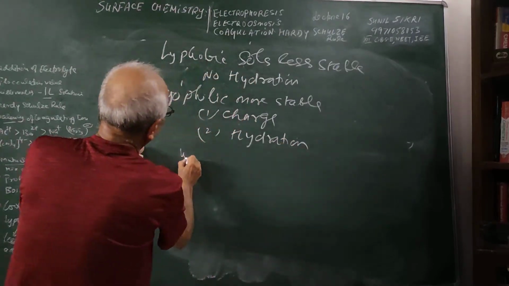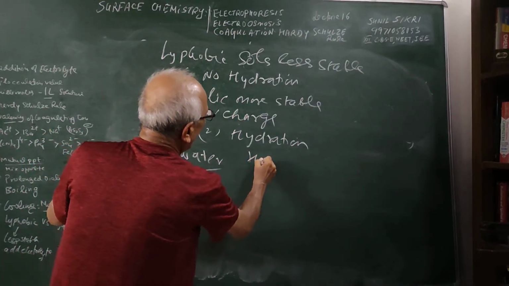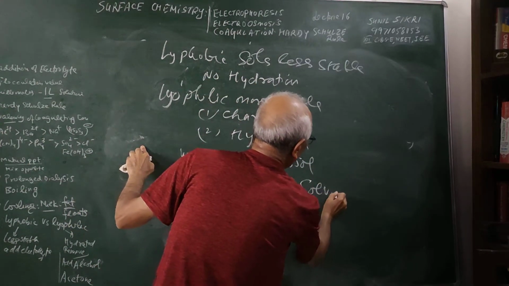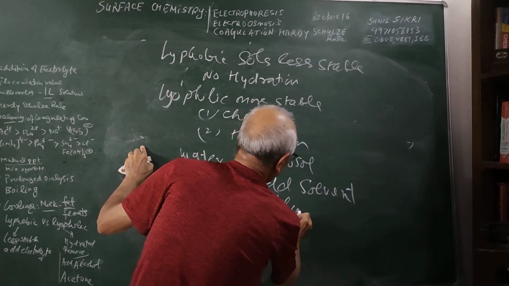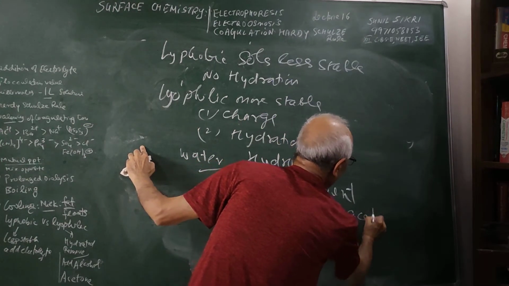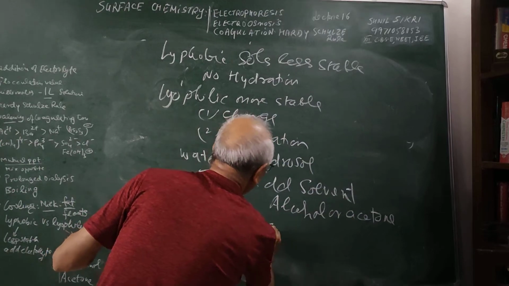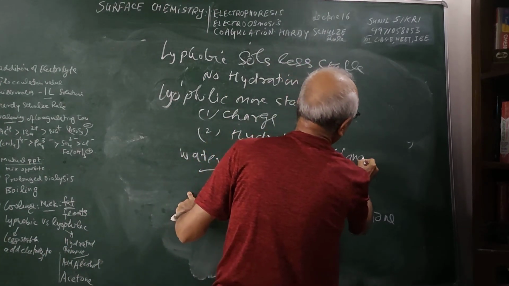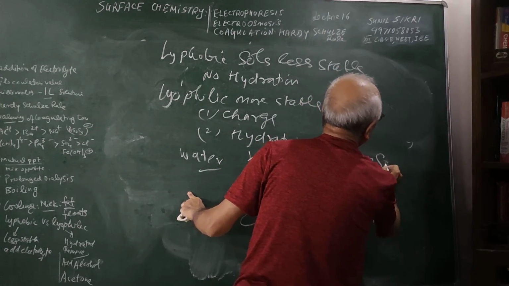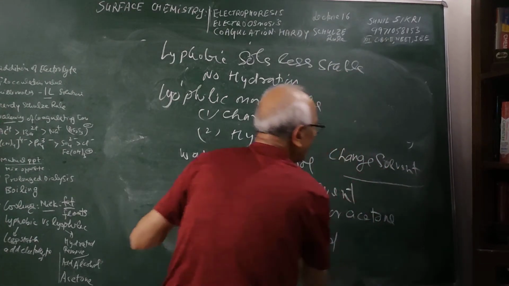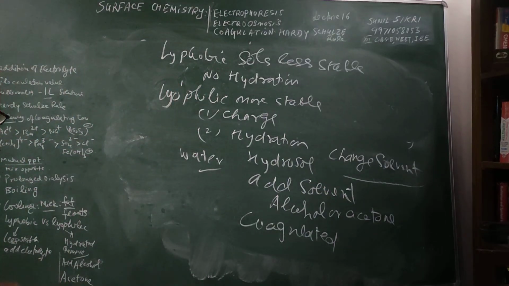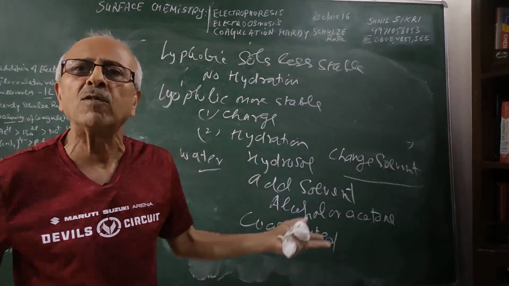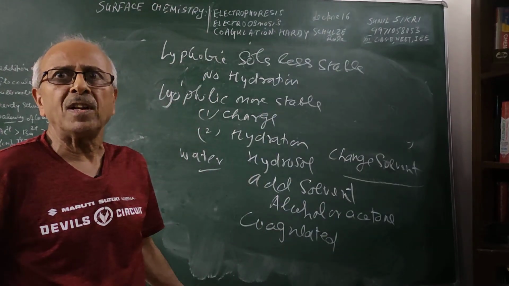So if you have a hydrosol and you add a solvent like alcohol or acetone, then this will get coagulated because the solvent is changed. So changing the solvent causes further coagulation, students. This is one of the applications: add alcohol or acetone to hydrosols and coagulation will take place. Okay student, I will meet you in my next lecture.